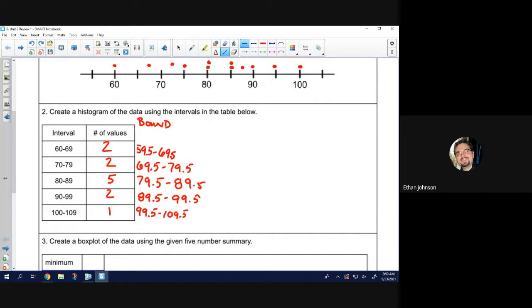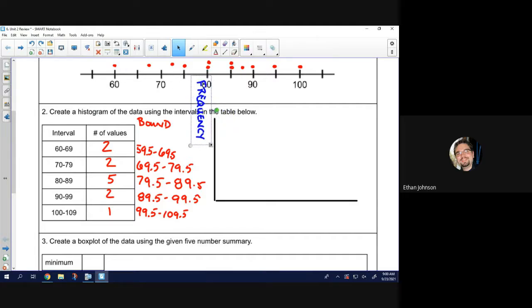So we're going to make our histogram. We need our bar graph, our L graph. Remember, we're going to label our y-axis, the one going up and down, as frequency.